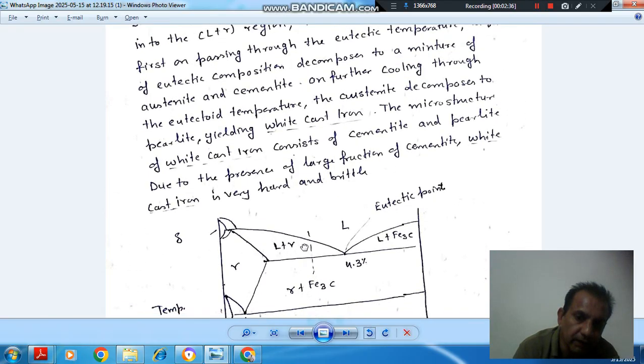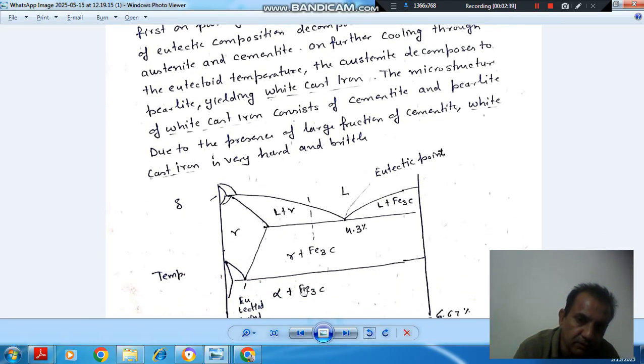This portion will remain the same, so the percentage of Fe3C will increase, and some alpha will also be formed. Some Fe3C will be obtained by cooling of this austenite, and this Fe3C is already there.